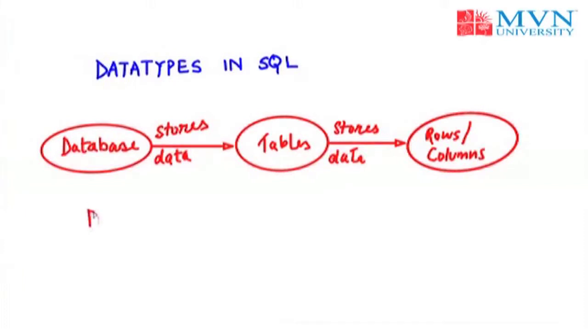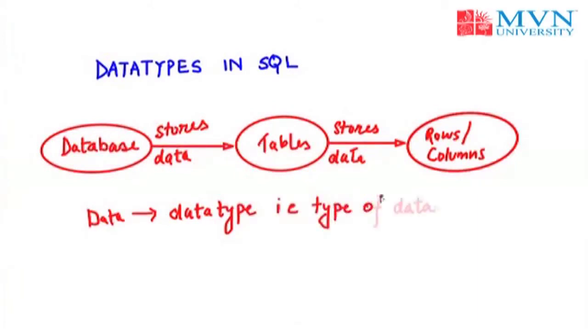Here each data must have a data type, that is, the type of data. The different data types available in SQL are: the first one is CHAR(size).